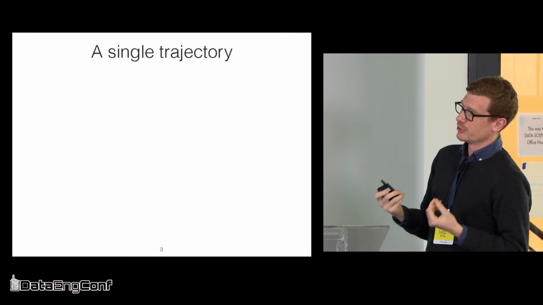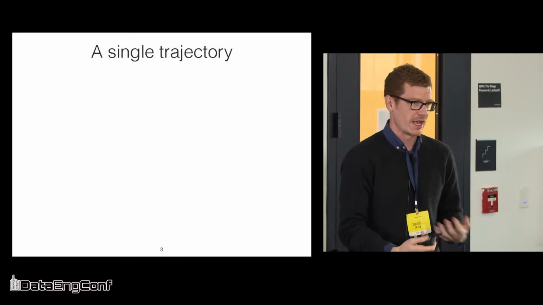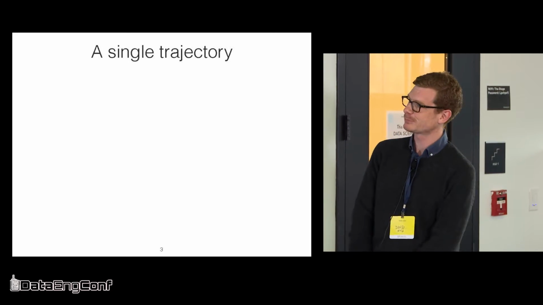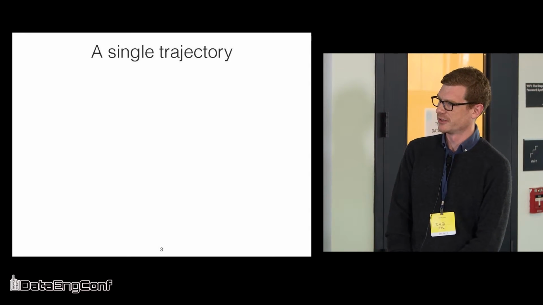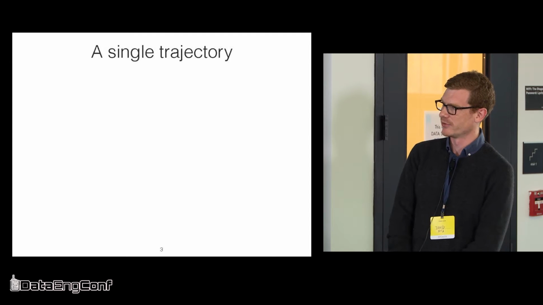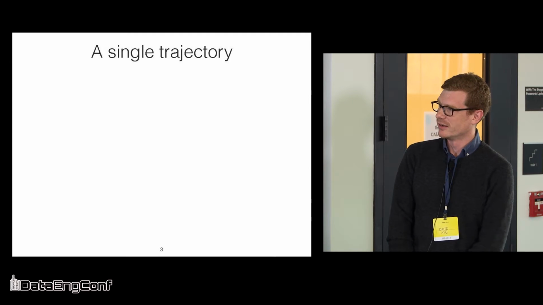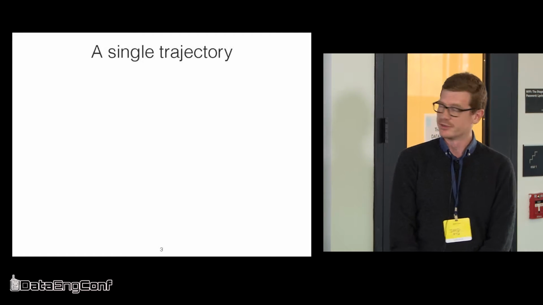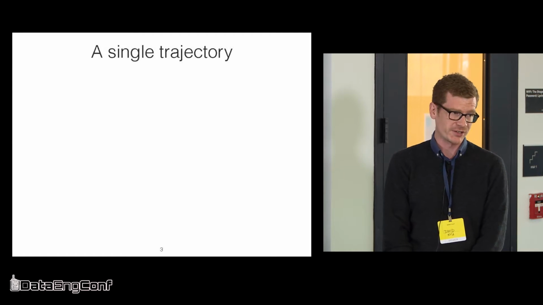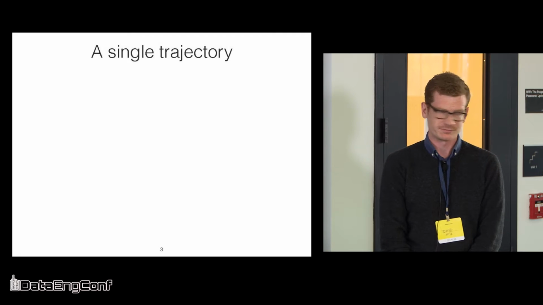So I'll just show you the plot of what a single trajectory of this model looks like so you can understand what it means, how data is evolving in time. So I started at one point, and this is what happens as I evolve in time. It'll trace out a shape which might be familiar to some of you. This is called the butterfly attractor, or the Lorenz attractor.